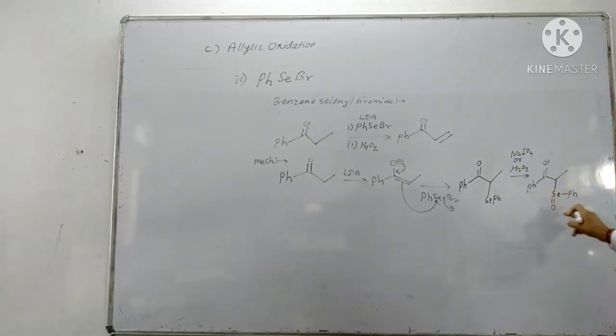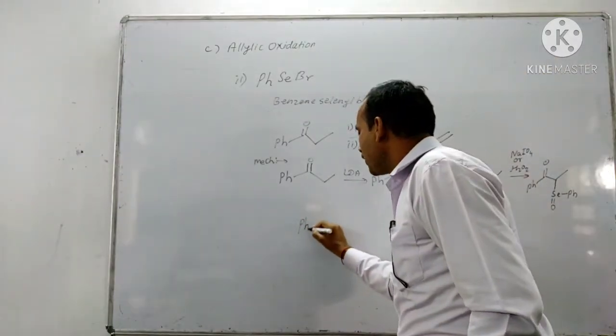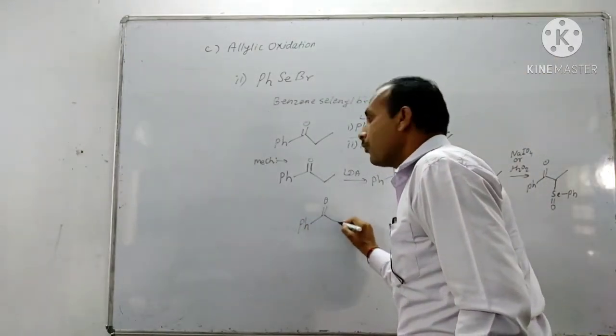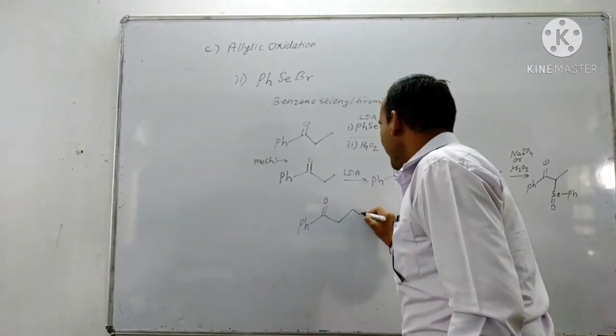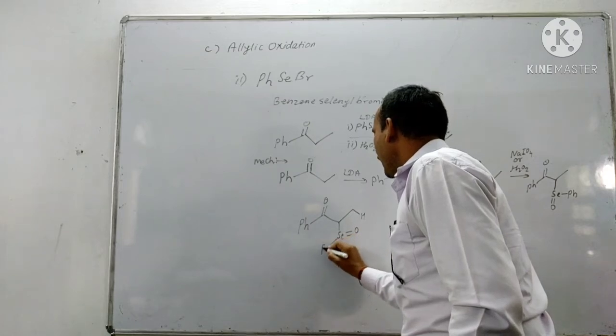Then the abstraction of proton from this position by oxygen and the formation of double bond take place. So let's see here, PhC double bond O, here is H, Se double bond O, Ph.